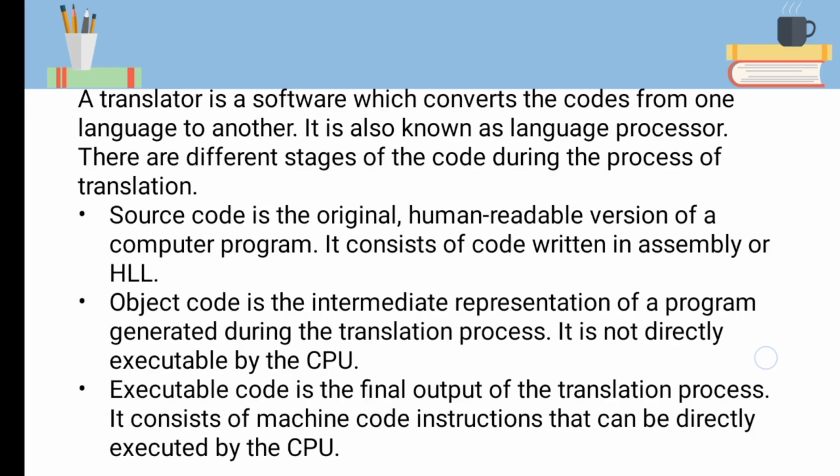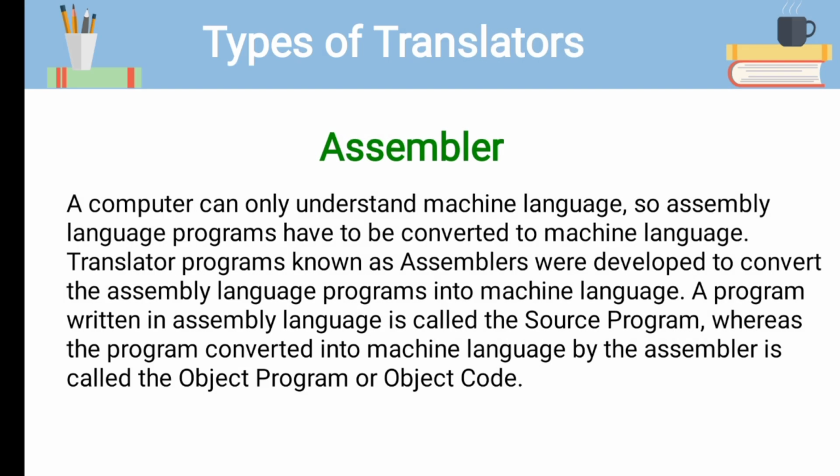So there are types of translators. First is assembler. A computer can only understand machine language, so assembly language programs have to be converted to machine language. A translator program known as an assembler was developed to convert assembly language programs into machine language.